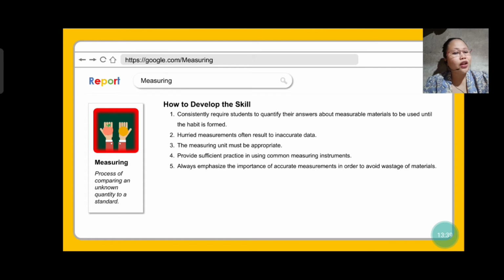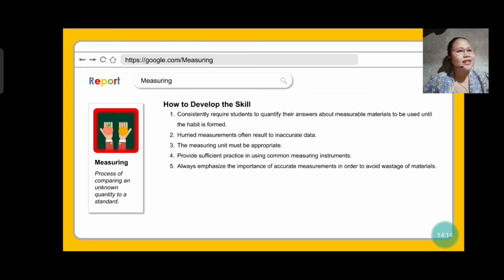For example, you have given the students a problem to solve. The students must use the unit of meter for what they measured, how tall it is. So their answer should be in meters or centimeters, to have standard units in measuring. Second, hurried measurements often result in inaccurate data.